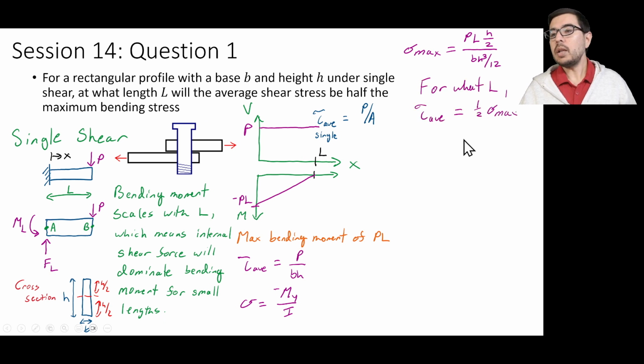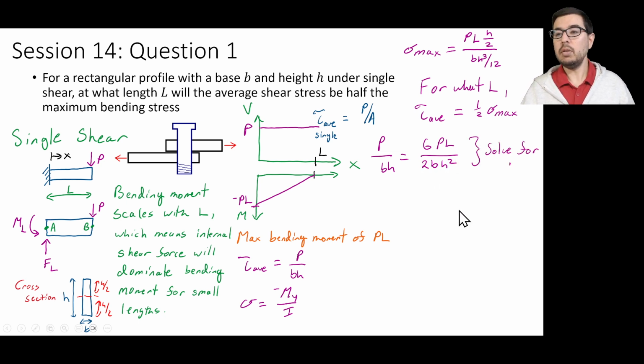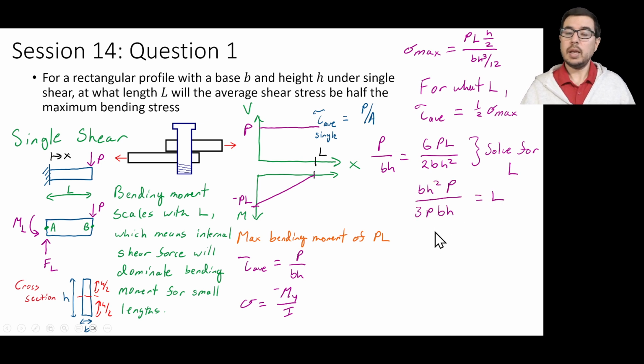So for what L do we have the average shear stress equal to half of the maximum bending stress? We can write out that the shear stress is equal to this maximum bending stress that we've calculated. And there's only an L on one side, so we can solve for that L and determine that the length, L, is going to be equal to h over 3.